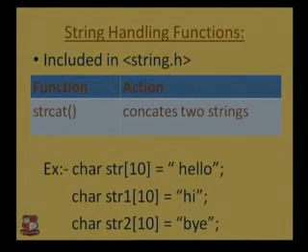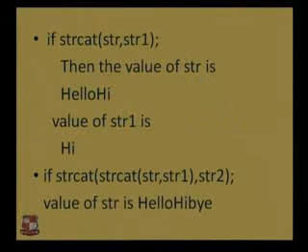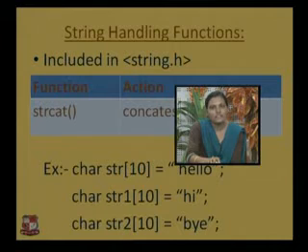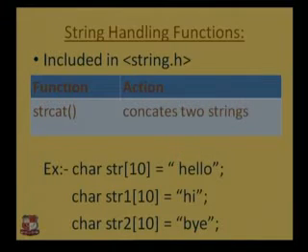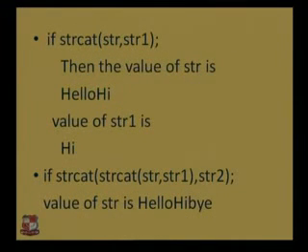In the same way, the next function is strcat, for concatenating strings. If the first string is str and the next string is str1, then the str1 value is copied at the end of str. Suppose I take the value of str as hello and str1 as hi.